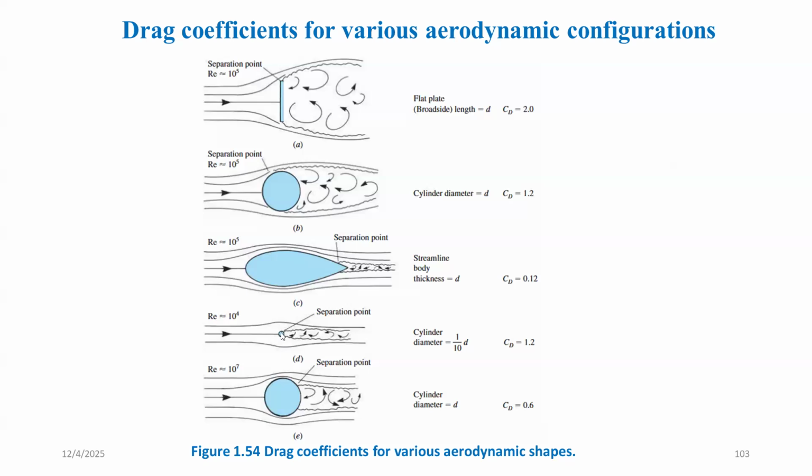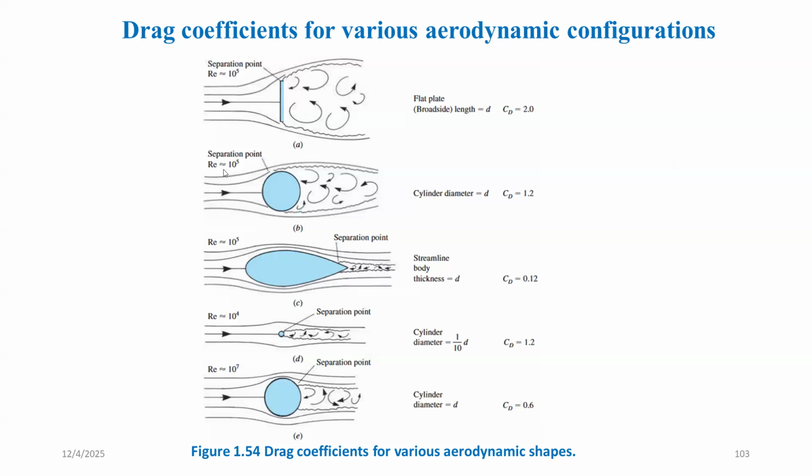If you take a very small cylinder, 1/10 of the diameter of the above cylinder, very thin but still circular in shape, the drag is still 1.2 because of the flow similarity. Drag is high here. There is also another cylinder operating at a higher Reynolds number, 10 to the power of 7.